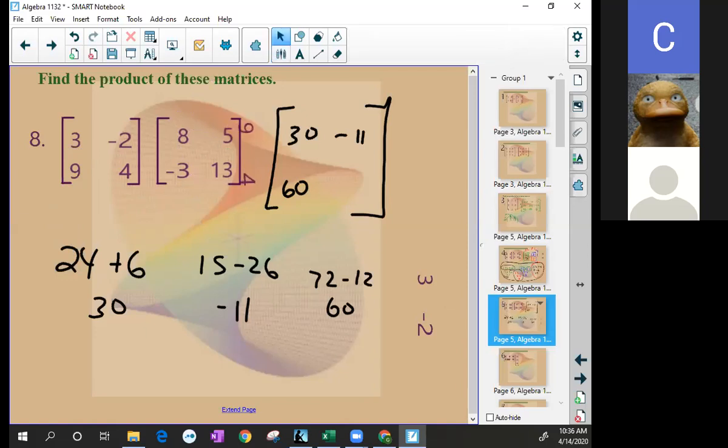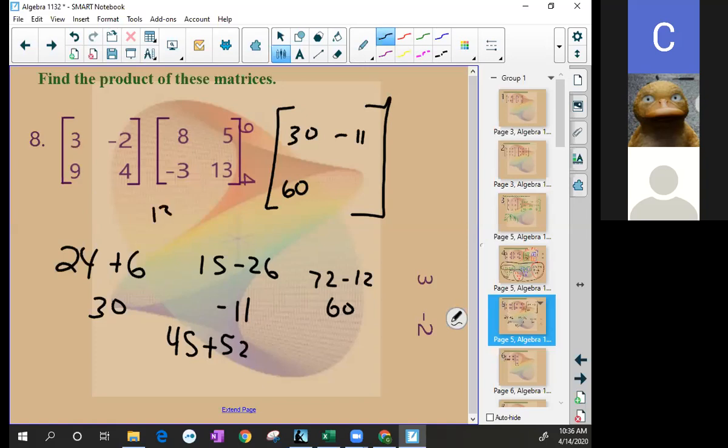It's going to be 9 times 5, and 13 times 4. So I'm going to have 45 plus 13 times 4. Is that 52? I believe it is. Yes, it is. 45 plus 52 makes 97. So we're going to have a 97 right there.